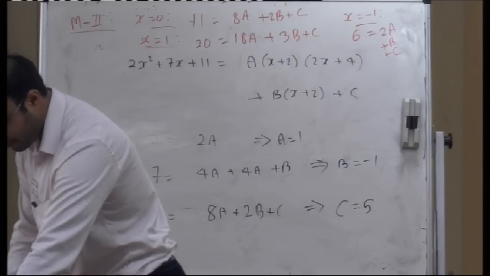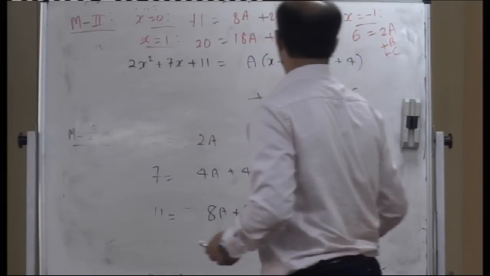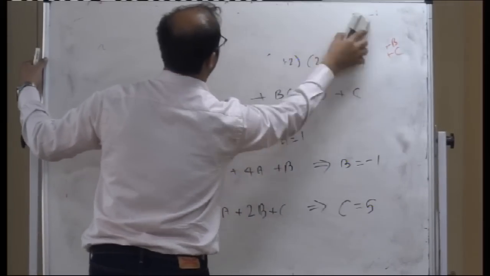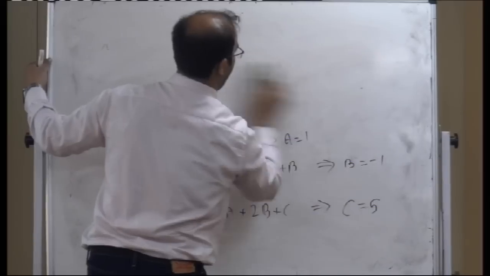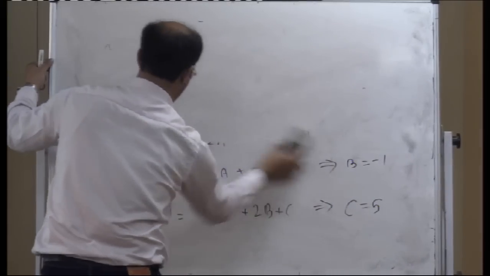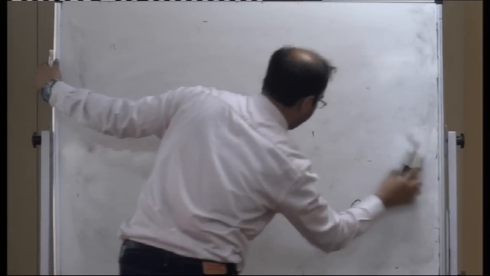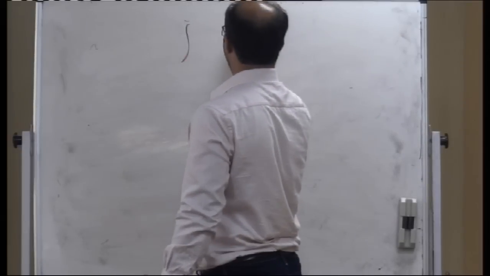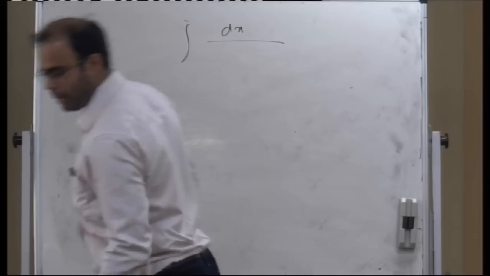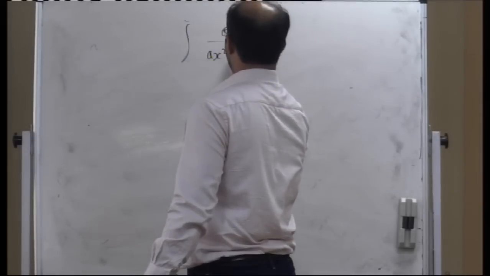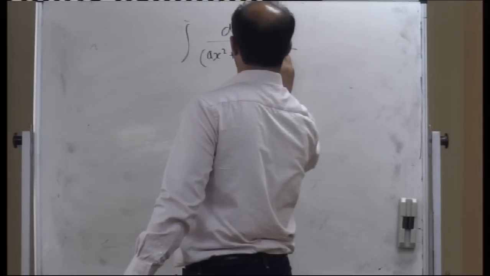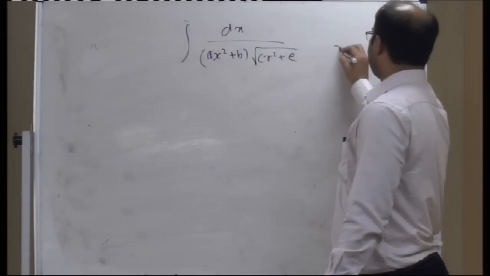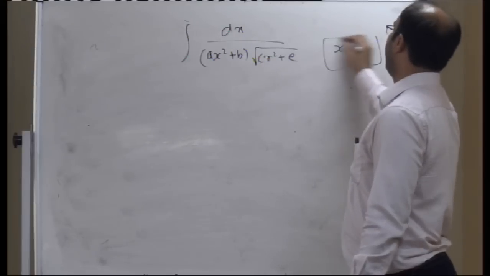Integrals of the form dx by (ax square plus b) root over (cx square plus e). In this type of terms, you have to put x equal to 1 by t and then proceed.